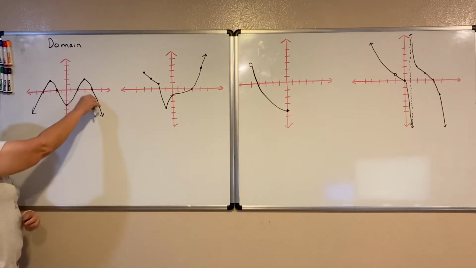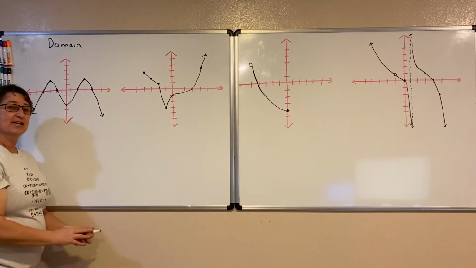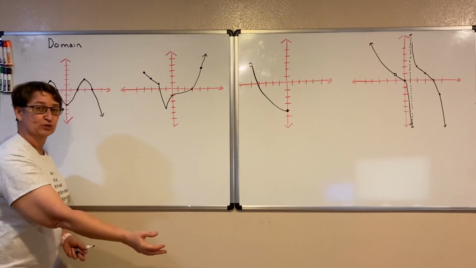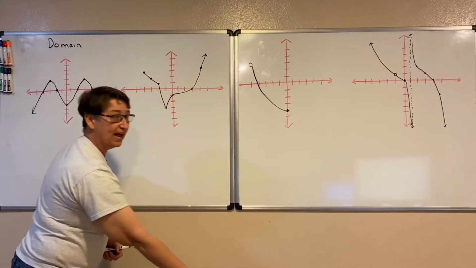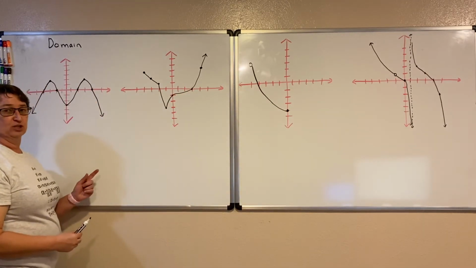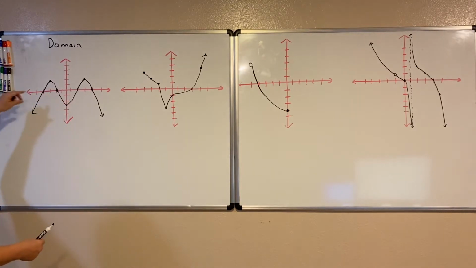And in fact, these arrows tell me that this graph keeps going forever and ever. I could even pick a value like 100. And if I went out to where x was 100 and I looked down, there would be a point on this function, an output for this function. And the same thing if I go backwards or negative.